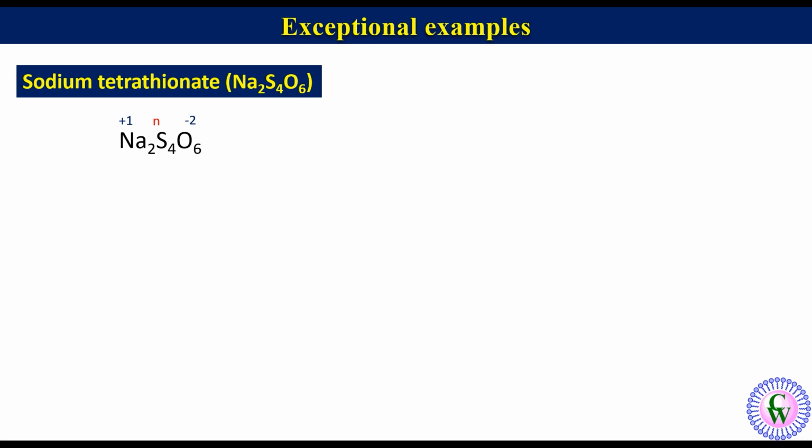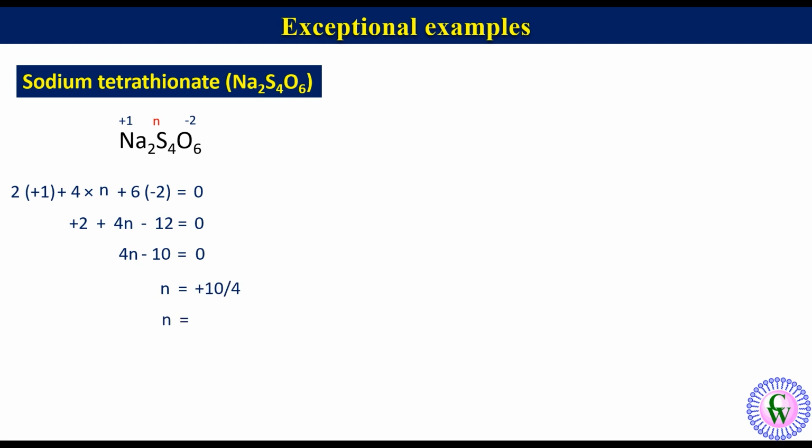So we can write 2 into +1 plus 4 into n plus 6 into -2 is equal to 0, or +2 plus 4n minus 12 is equal to 0, or 4n minus 10 is equal to 0, or n is equal to +10 upon 4, or n is equal to +2.5.